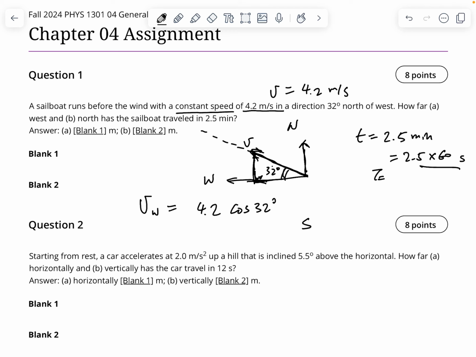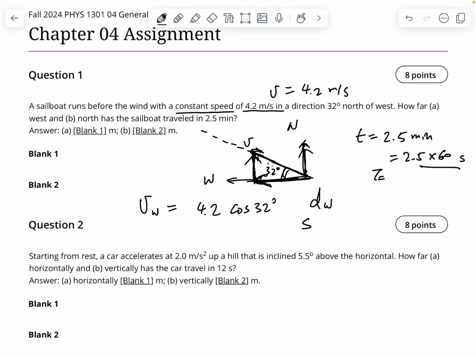You have to look at this right triangle. West will be the adjacent side, so the cosine. That's the velocity in the west direction.